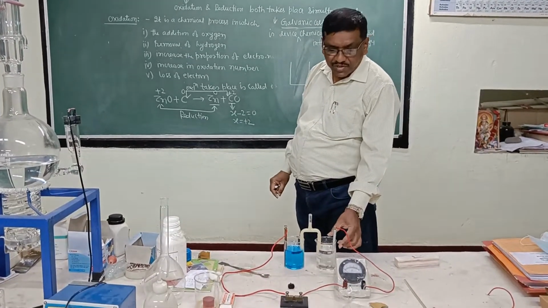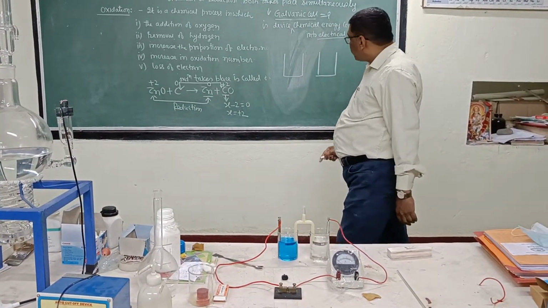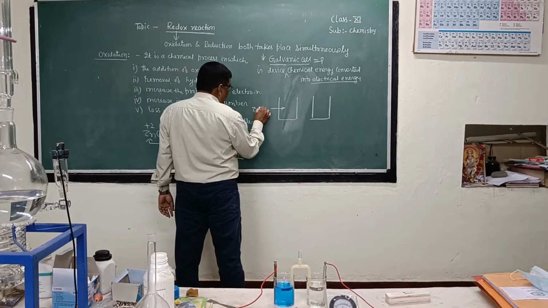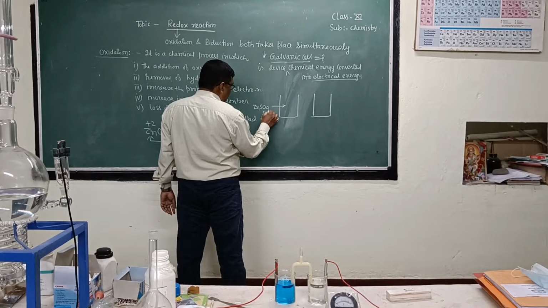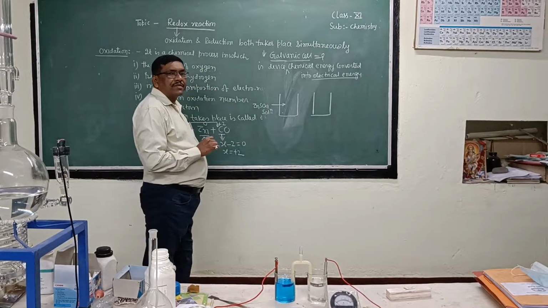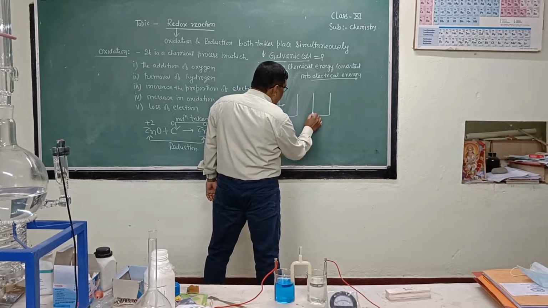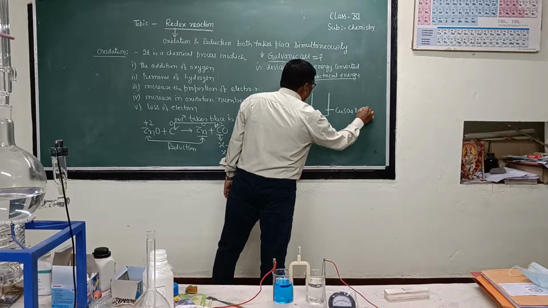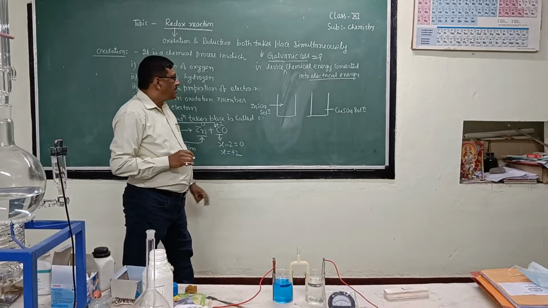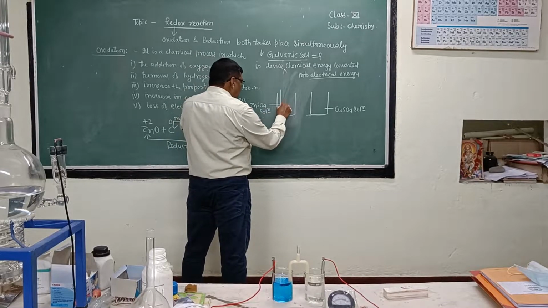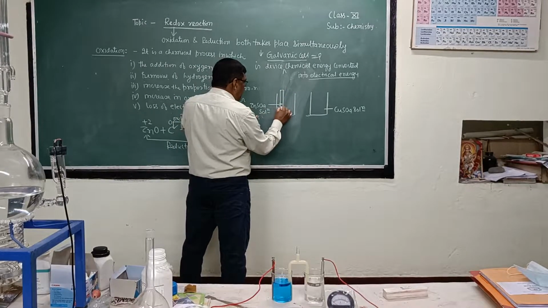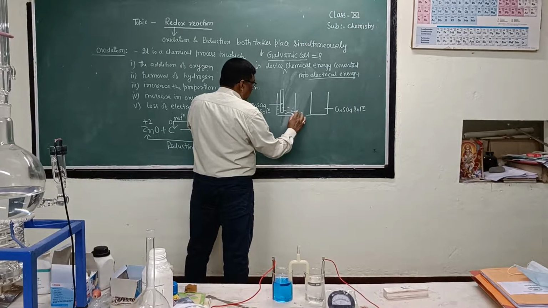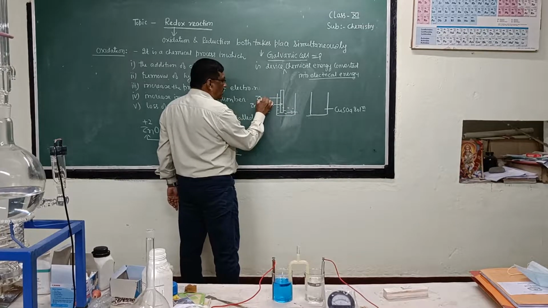In one beaker, zinc sulfate solution is placed, and in the other beaker, copper sulfate solution is placed. In the zinc sulfate solution, a zinc rod is dipped.